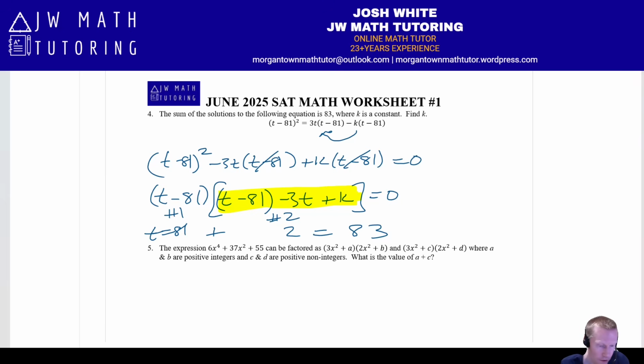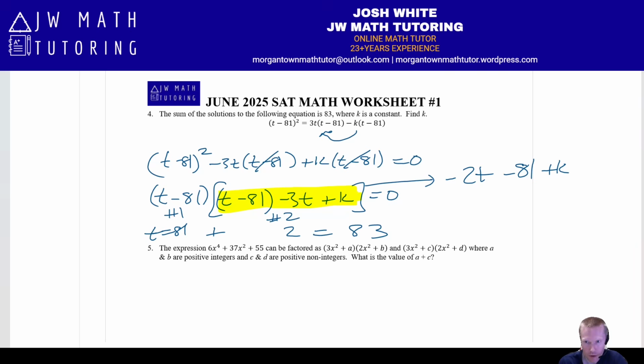So we can go ahead and do the following. Let's first make it negative 2t minus 81 plus k. All right. So now, actually, sorry, we're going to use that 2 in a second.